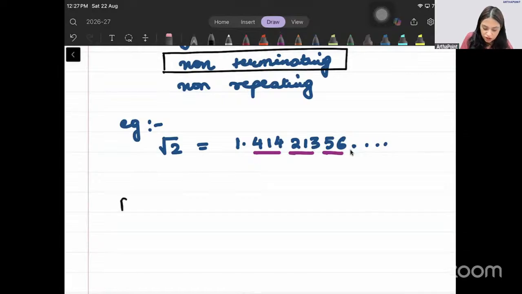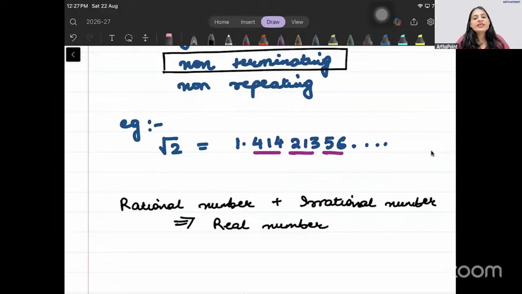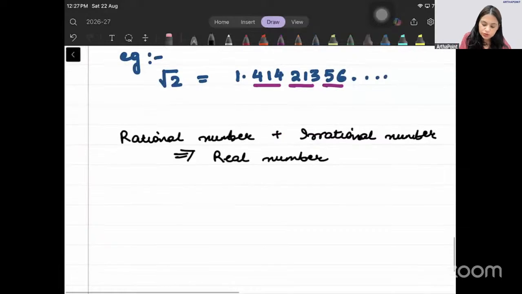Now, rational number plus irrational number. Rational number plus irrational number together gives us a real number. And these real numbers are the numbers which are actually represented using R, right?